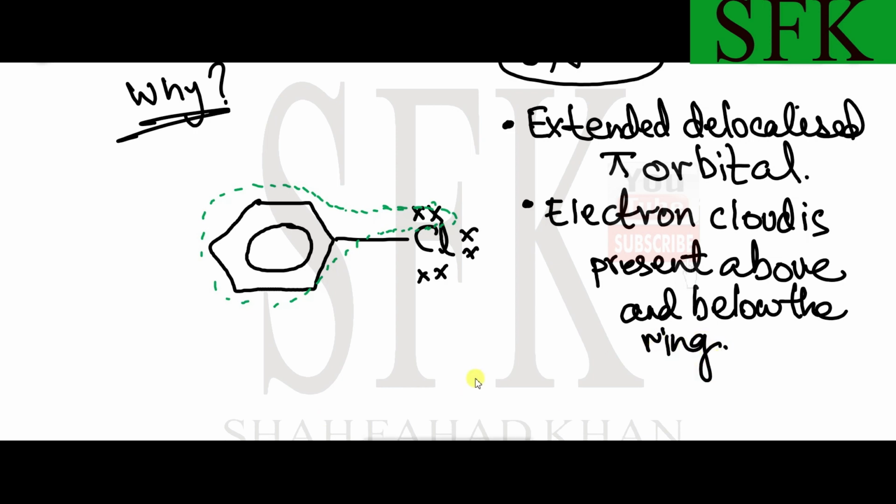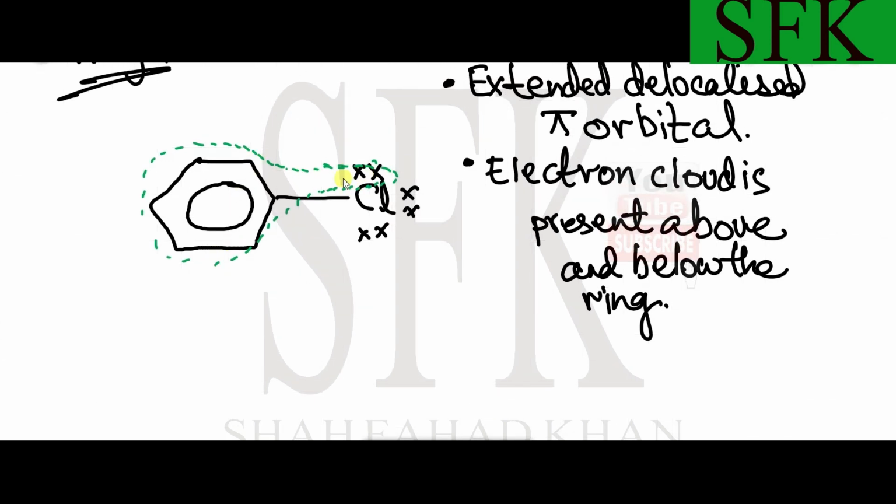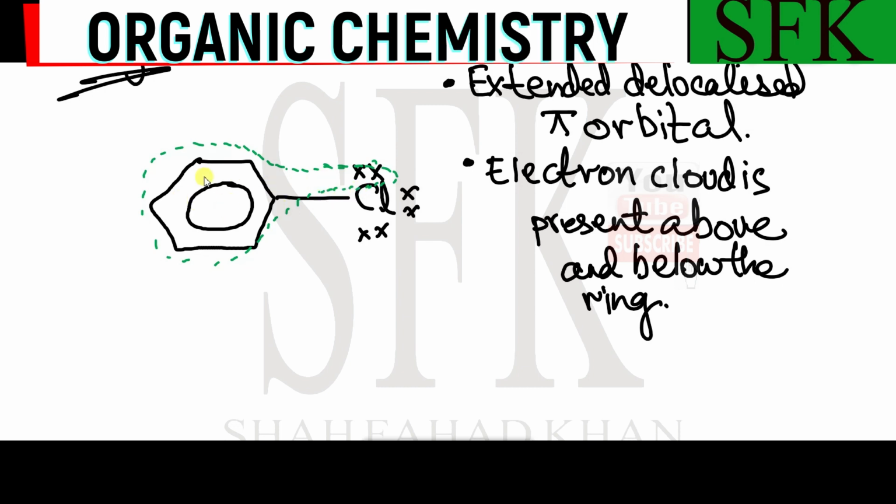The green outline is of that electron cloud, which overlaps the structure in between them.